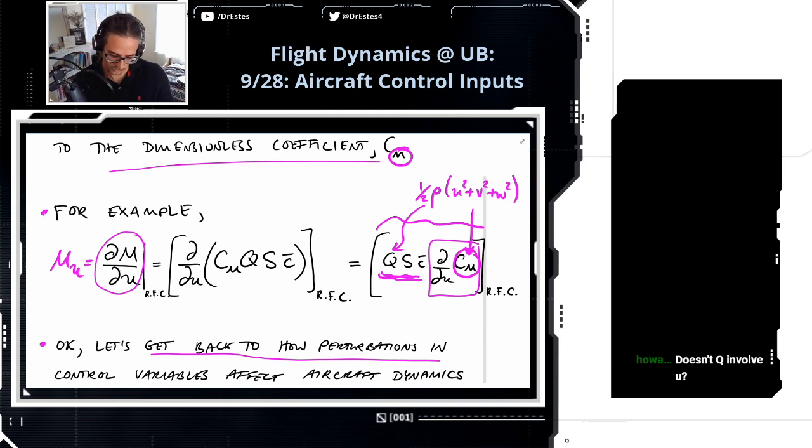And now I don't like what I wrote here anymore. And rightly so, because you're absolutely right. Let's get rid of this. Let's not simplify it that much, because you can't. You get what he's saying, right? We're taking the partial with respect to u, so I can't just pull Q out, because that's also a function of u. Thank you, my friend.